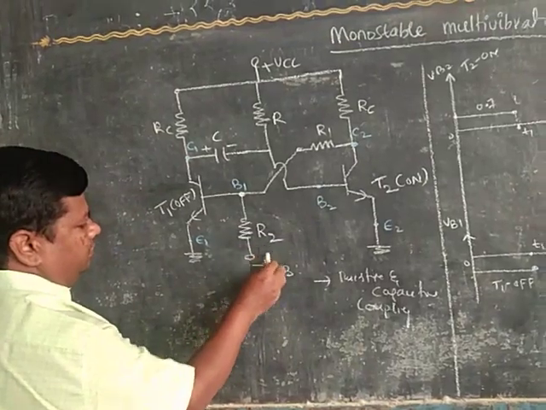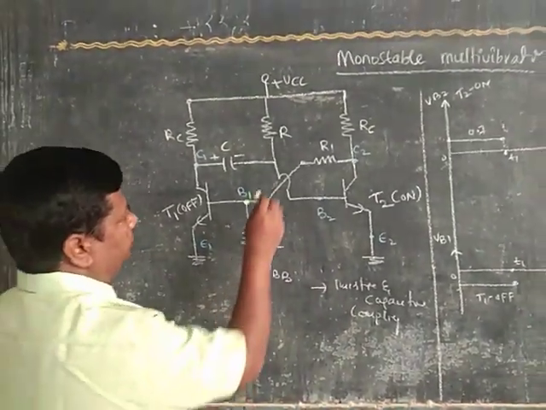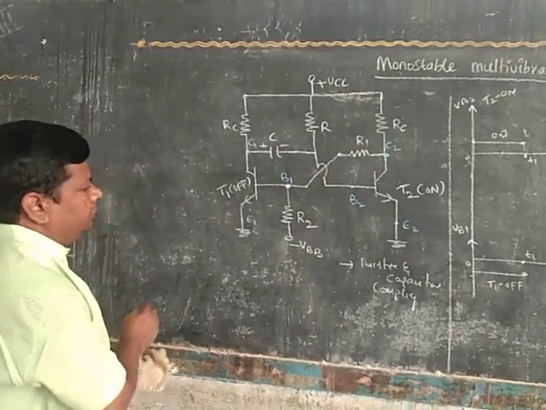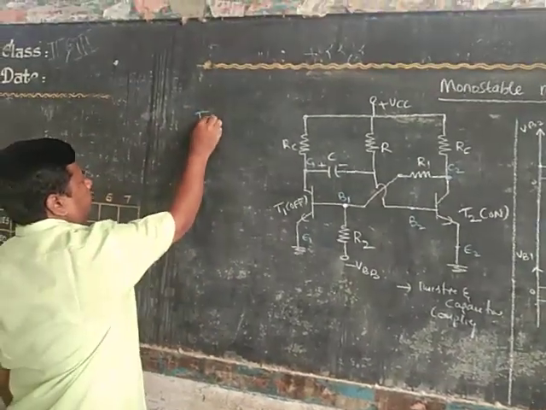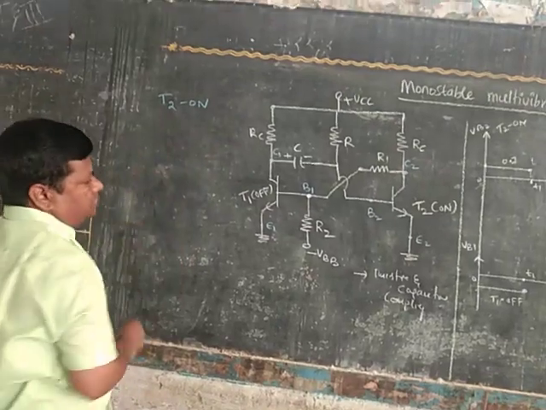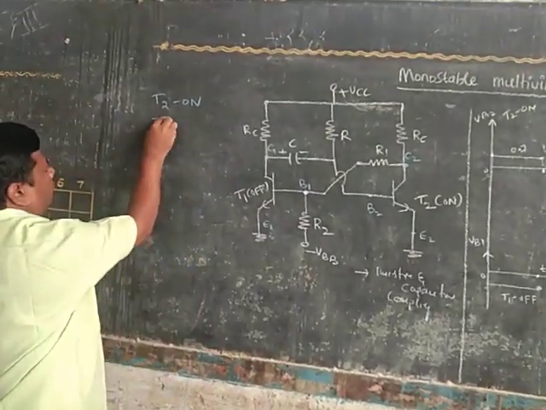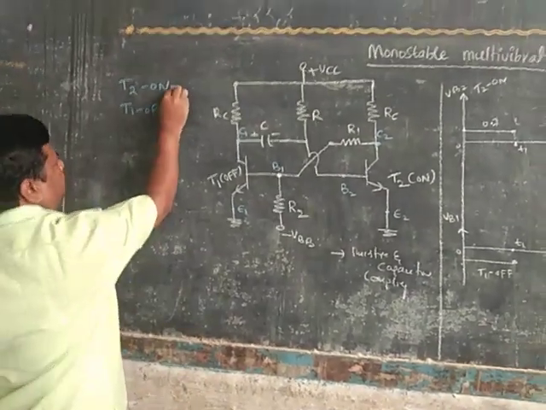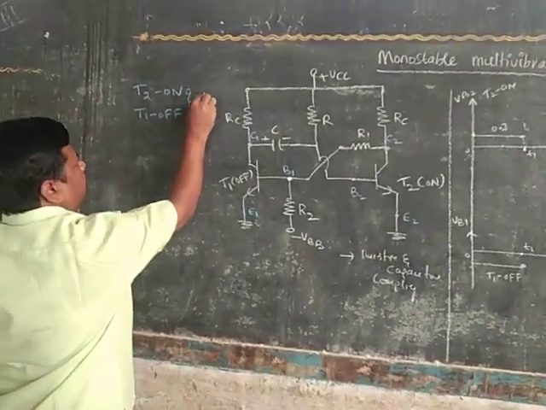Based on this minus VBB, whenever you switch on the circuit, initially T2 enters into on, T1 enters into off. This is the stable state of the monostable multivibrator circuit.